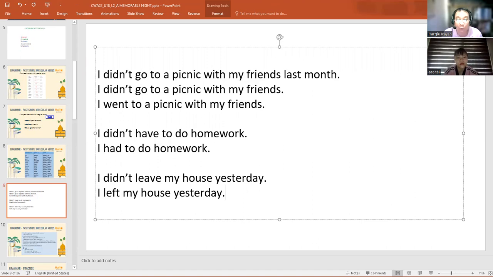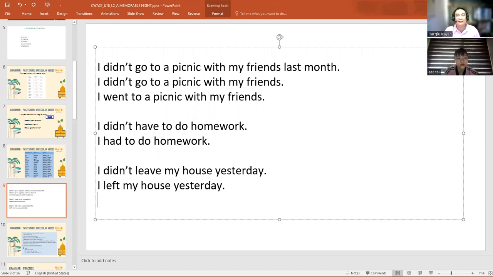What about if you're going to use this one in the present? I leave my house. I left my house yesterday, not yesterday, because it's already in the present. Yes, I leave my house. It's just only like that. Or you can put "I leave my house at the moment," right?